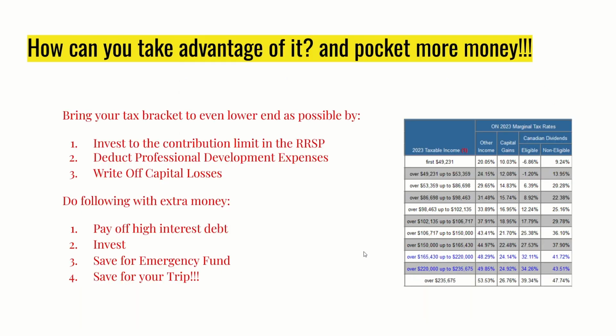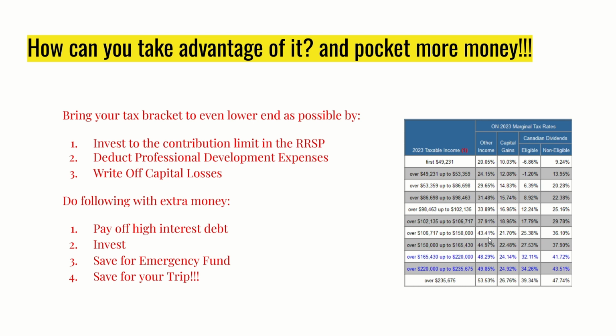But now, what is the best way to take advantage of this tax indexation and pocket more money? Let's say, for argument's sake, you are earning anywhere between 100 to 120, for example 110.